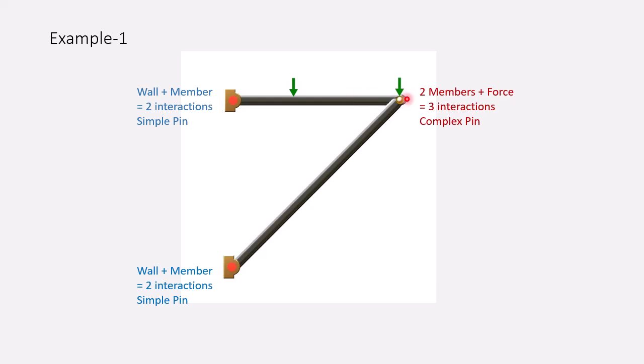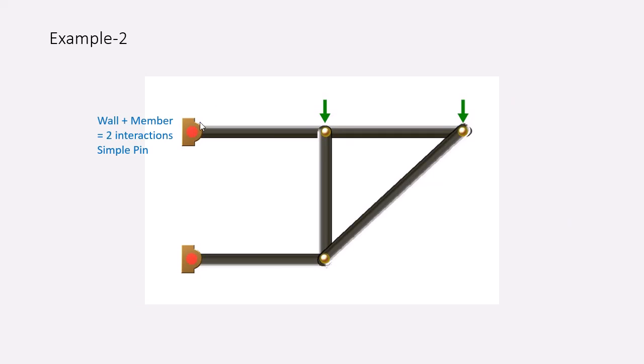There are two members and a force. So three interactions. When you have more than two interactions, we classify that as a complex pin. Two interactions, simple. Two interactions, simple. Three interactions, complex. Next problem.